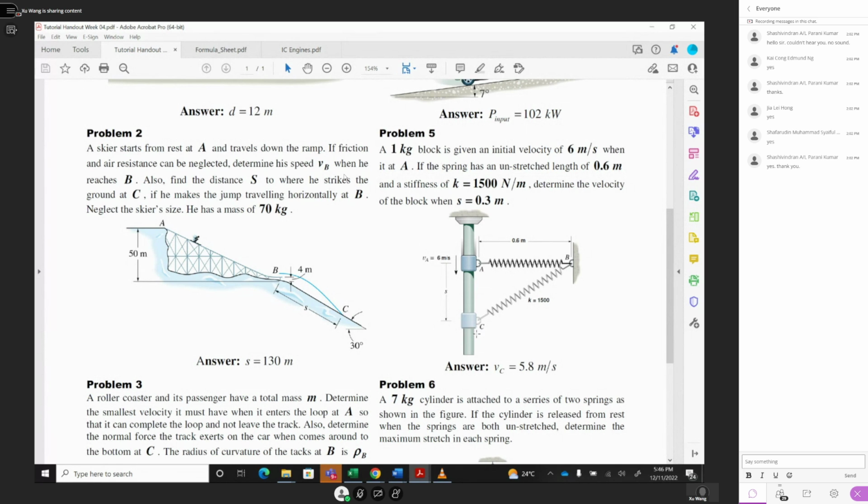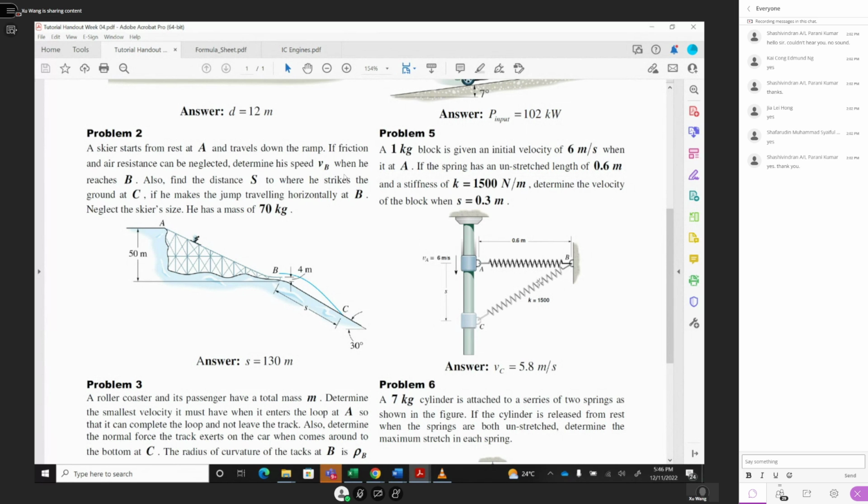Then you move to position C. At position C, you lose the gravity potential energy, but you have kinetic energy, half of mvC squared. After moving to this position, the spring is stretched. So what is the deformation? It is the square root of 0.6 squared plus s squared, which is the new length, minus 0.6, which gives the stretch length.